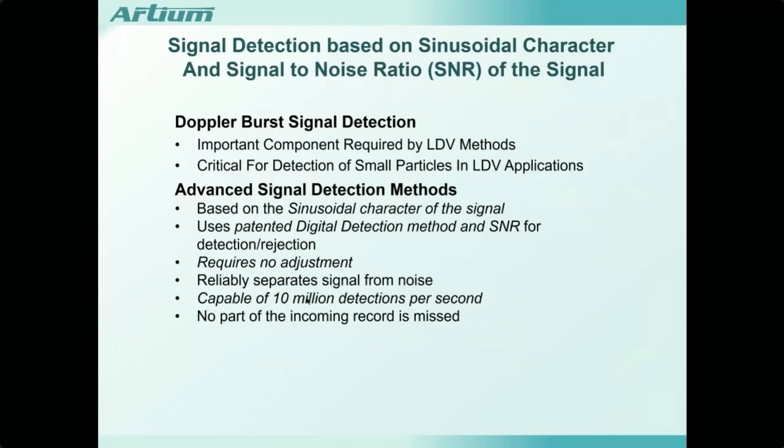The method is based on making 10 million decisions or detections per second, which is actually incredible. We're using short Fourier transforms, and our electronics engineer worked out a method to perform those short Fourier transforms at this incredible rate. So no part of the incoming record is missed with this device.